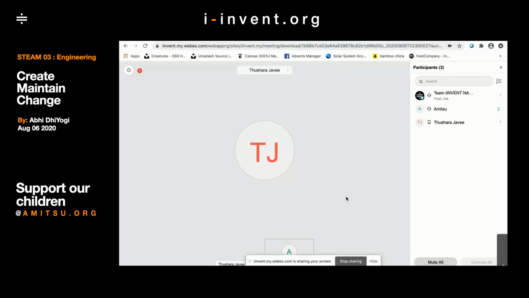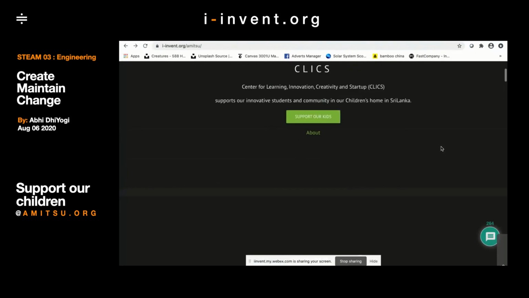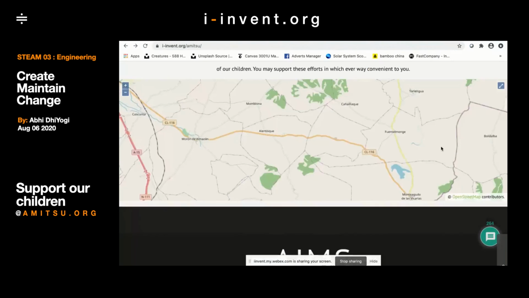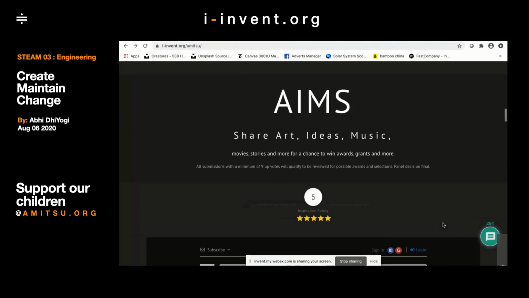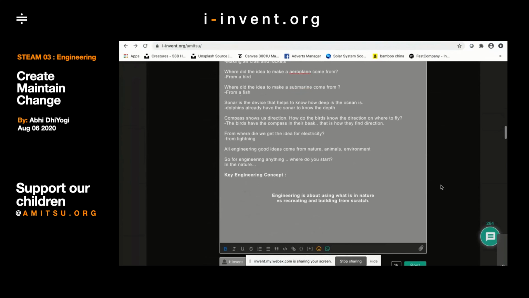That's also good. Where did they see it? In Amitsu page. In Amitsu page. Yes. They saw the page. And they saw the young. Correct. All right.